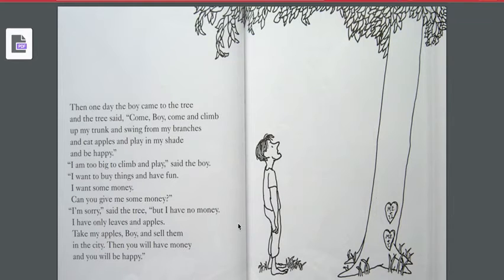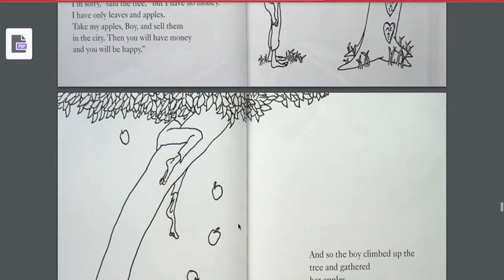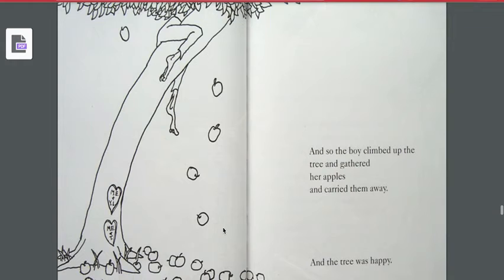"I'm too big to climb and play," said the boy. "I want to buy things and have fun. I want some money. Can you give me some money?" "I'm sorry," said the tree, "but I have no money. I have only leaves and apples. Take my apples, boy, and sell them in the city. Then you will have money and you will be happy." And so the boy climbed up the tree and gathered her apples and carried them away. And the tree was happy.